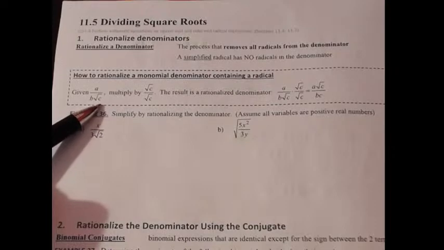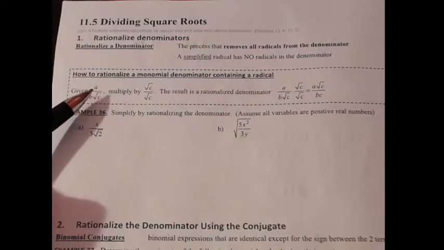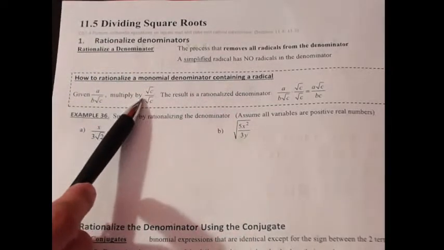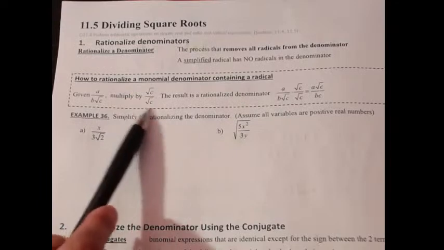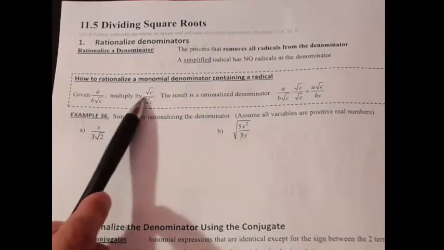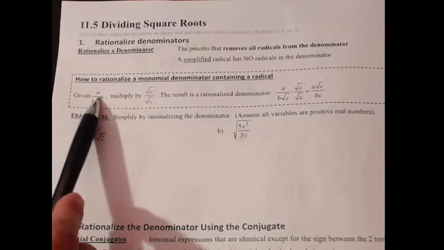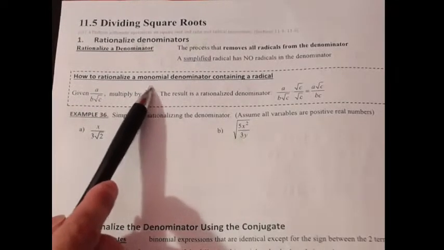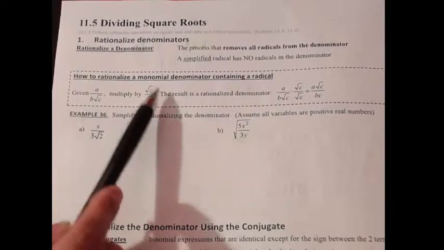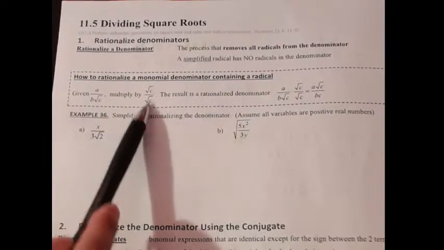You're probably looking at me like I'm crazy. Our 1 is this fancy expression here. To rationalize, we multiply by whatever that radical is. In this case, it's square root of c, so we multiply by square root of c over square root of c, which, by the way, is 1.